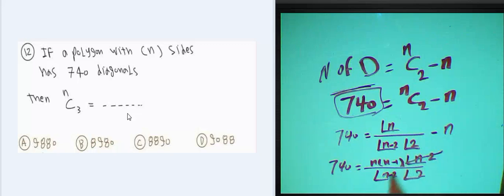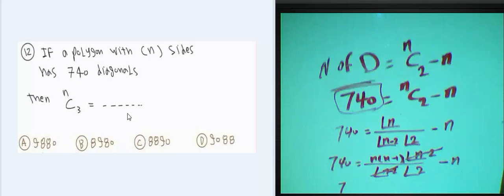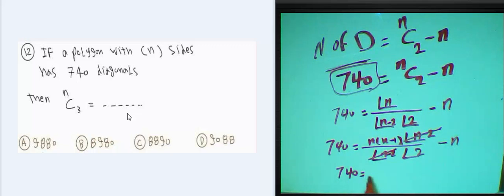We can cancel the factorials, and factorial 2 equals 2.